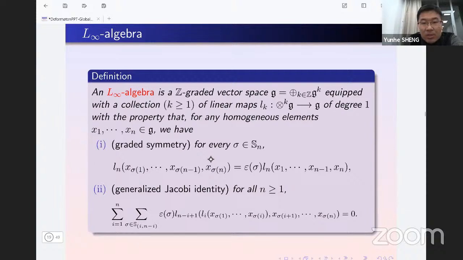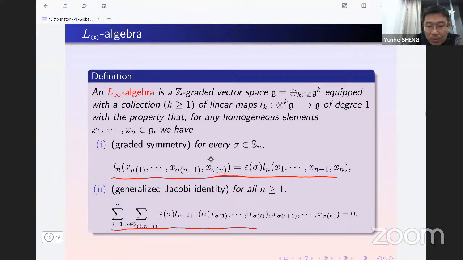It is a Z-graded vector space G, the direct sum of G_k, equipped with a collection of linear maps l_k from the tensor k-th power of G to G of degree 1, such that two conditions are satisfied. The first one is the graded symmetry condition, and the second one is the generalized Jacobi identity.